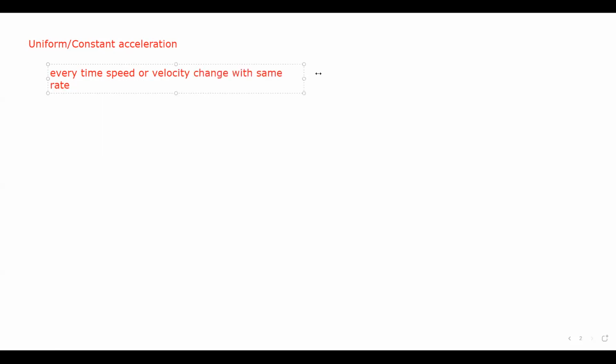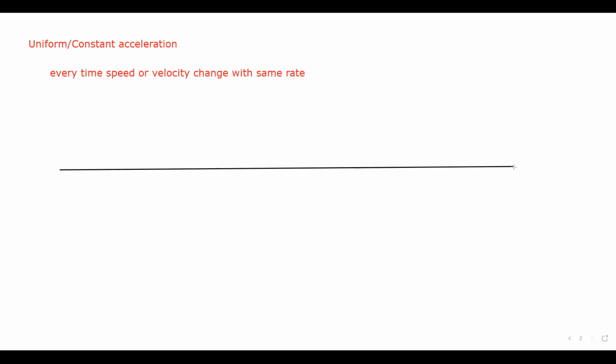Every time the speed or the velocity changes with the same rate, we call that a uniform acceleration or constant acceleration. So we have an object at different positions, starting from position A, then moving to position B, then to position C.